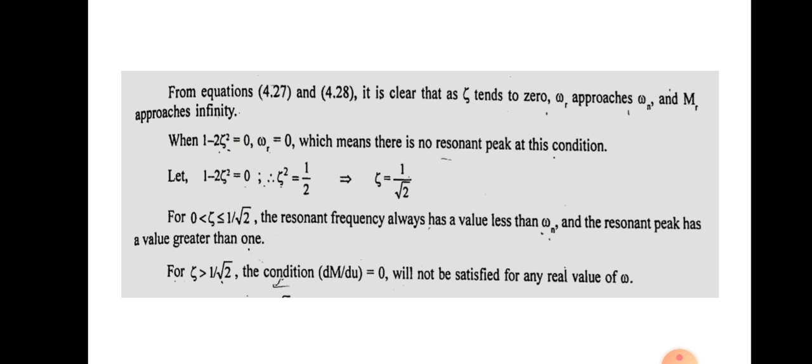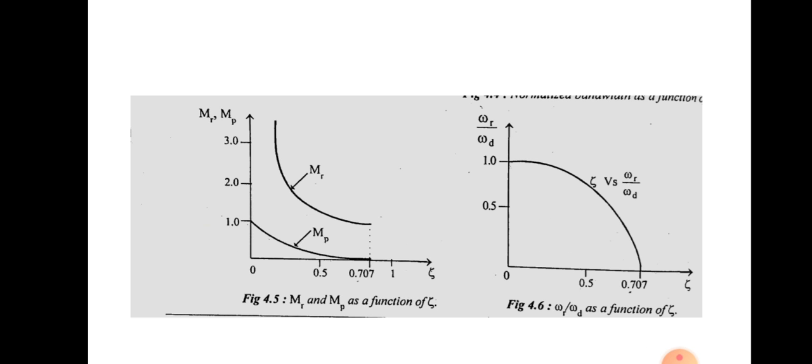So for epsilon less than 1 by root 2, that is epsilon less than 0.707, we can say that, see, this is the diagram, Mr will be greater than 1. You can see that at the limiting point of epsilon equal to 0.707, Mr is greater than 1, and at epsilon equal to 0, Mr tends to infinity.